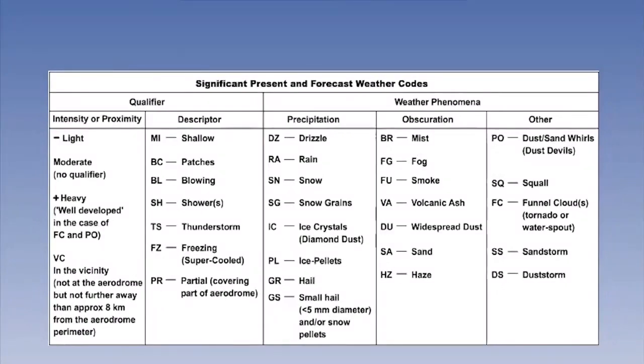Let's consider the code if we have a light shower of rain. We use the following symbols and letters to represent this: light, shower, of rain. This means that a light shower of rain is affecting the location at the time of observation.